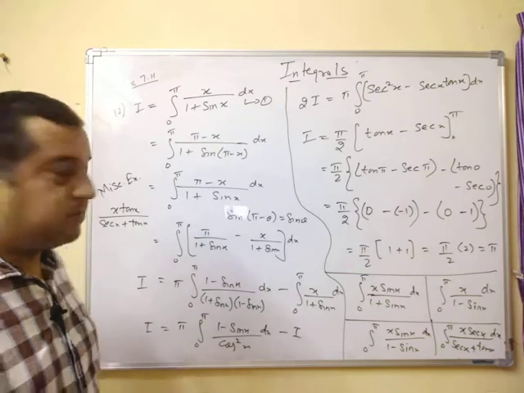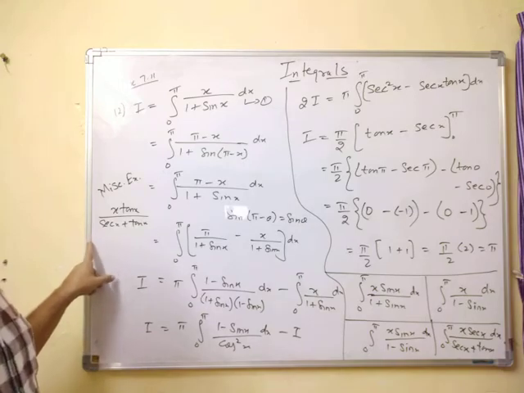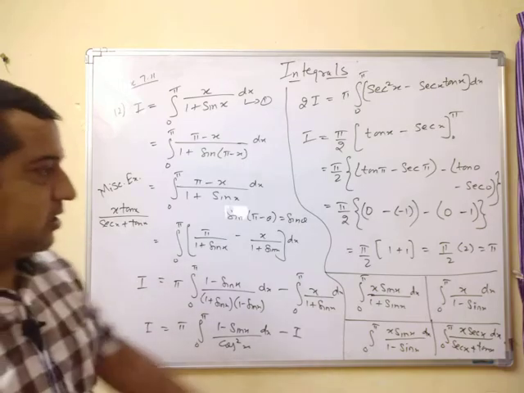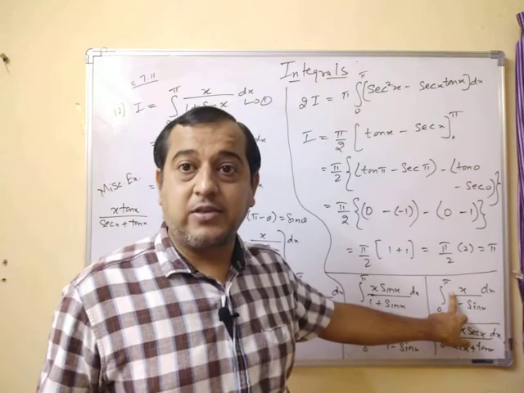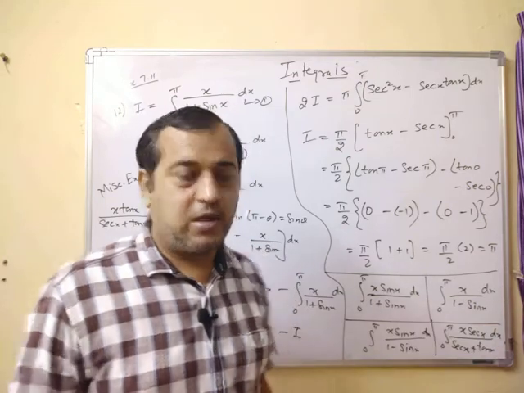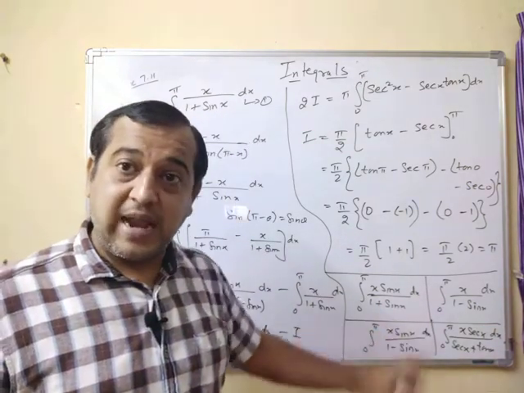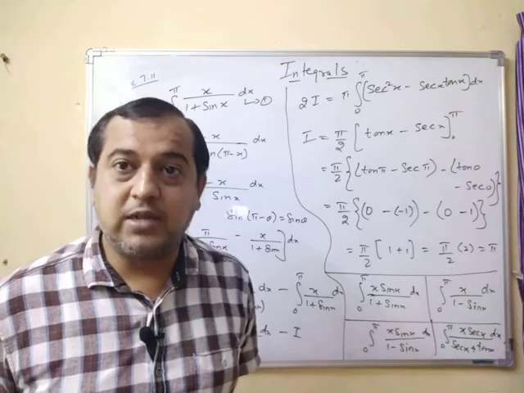This will turn out to be x sec x upon sec x minus tan x, and this turns out to be x tan x upon sec x minus tan x.